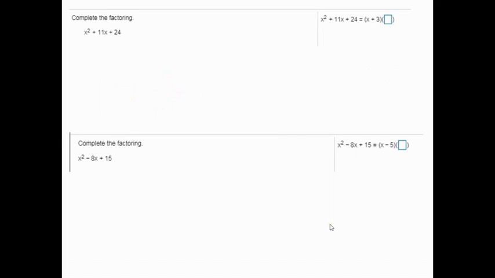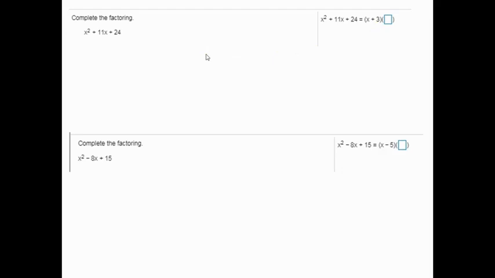So let's look at a couple examples out of the homework. First off, it says complete the factoring of x squared plus 11x plus 24. Notice it gives you the first factor. But let's just consider that we're not given that. So here's the idea of what you do when you factor these with the leading coefficient of 1.